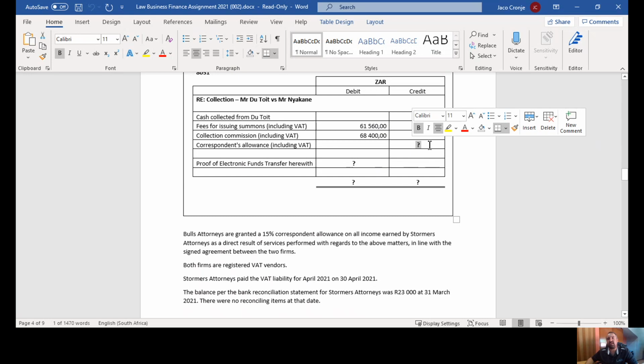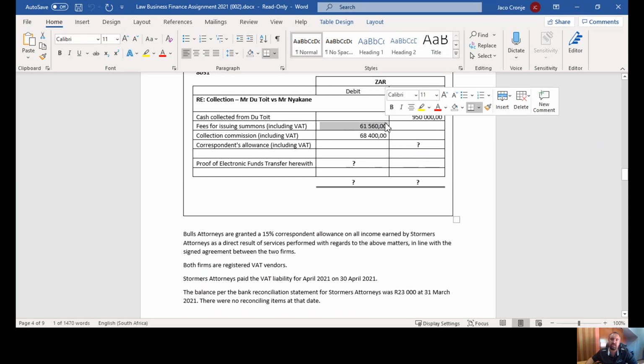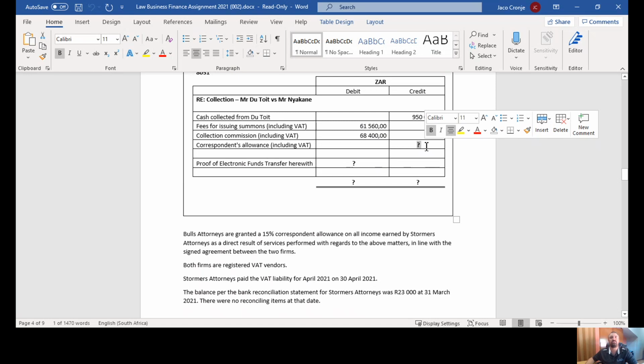It's going to affect my VAT control because it's lower fees that I'm going to receive, because I give 15% away. And then also there will be a split to the two ledger accounts where your correspondent allowance gets allocated, because 15% must be allocated to your fee ledger and 15% allocated to your collection commission ledger. You can split this up into two transactions if you want as well. You can split your correspondent allowance into two separate transactions as well.